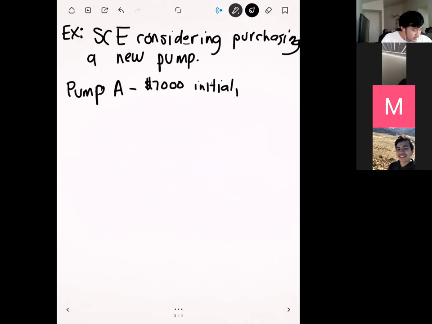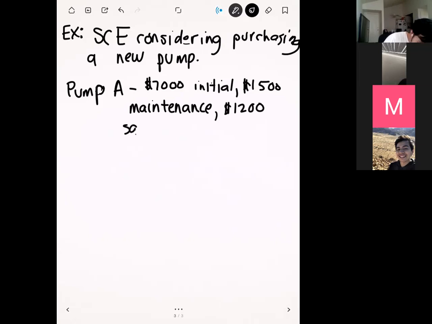It has an annual maintenance cost of $1,500, and a salvage value of $1,200 after 12 years. And so right off the bat, we can see that the product life for pump A is 12 years. So that's pump A.